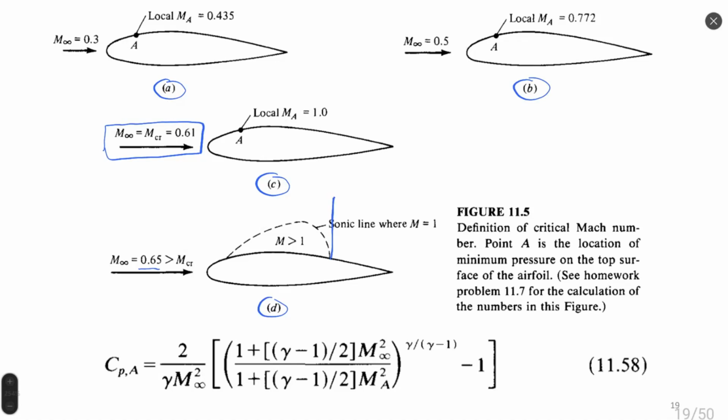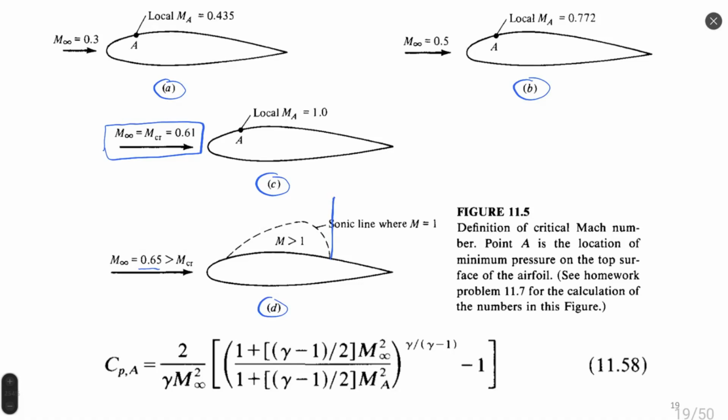So we will try to avoid the flow shown in figure D, and we will try to work and to fly at velocities close or equal to the critical Mach number, when the supersonic region does not appear. The flow is everywhere subsonic, compressible, and theoretically isentropic.